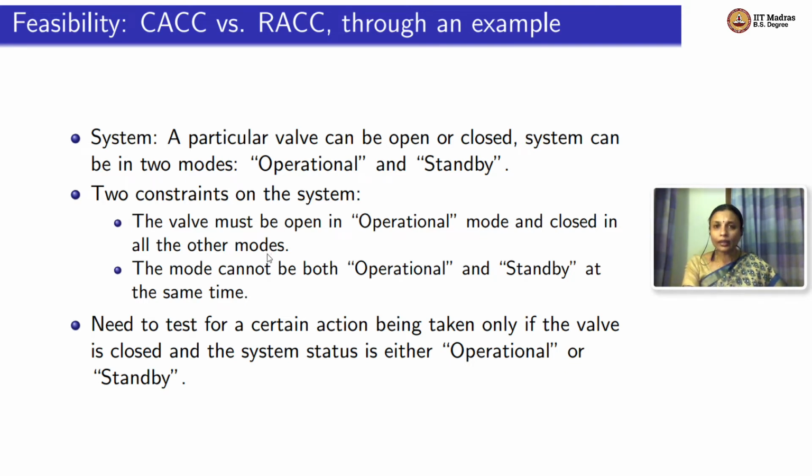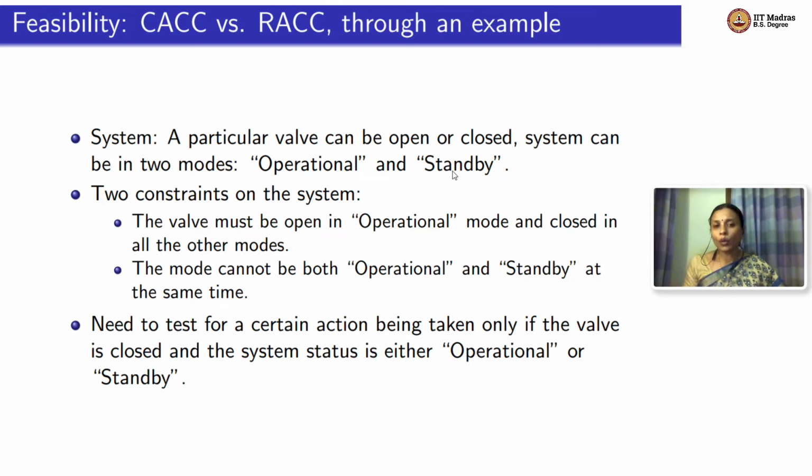The second requirement, as the constraint says, a particular system mode cannot be operational and standby at the same time. That intuitively also makes sense, right? A system is either working or it's temporarily on standby. So a mode cannot be both together at the same time.